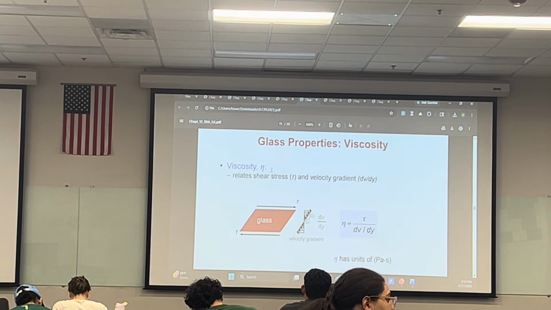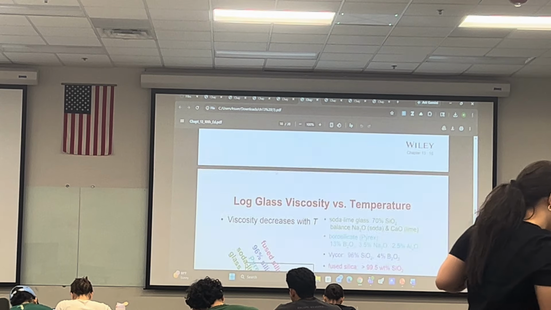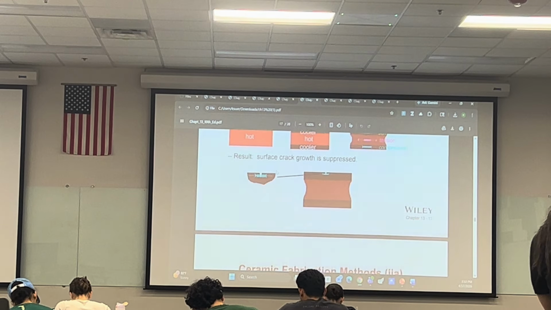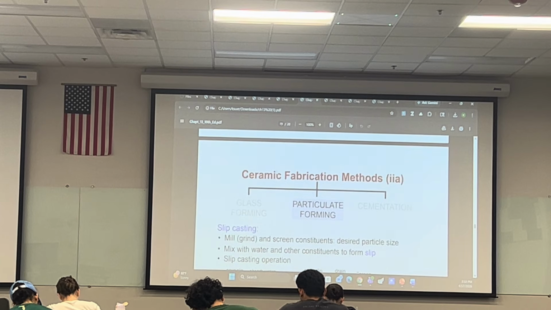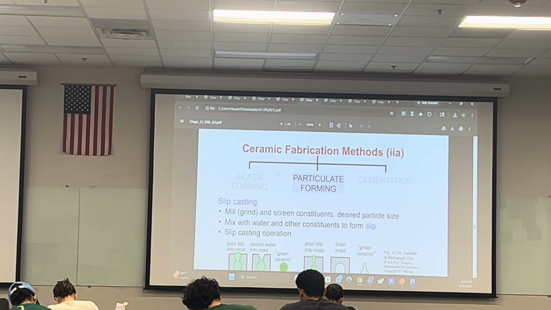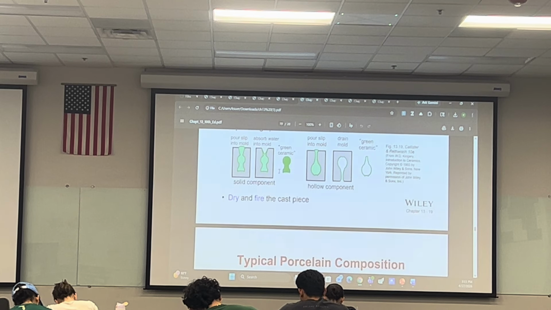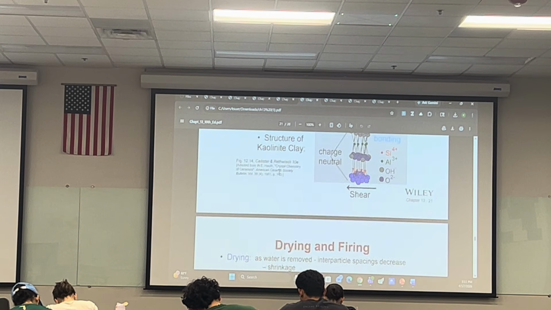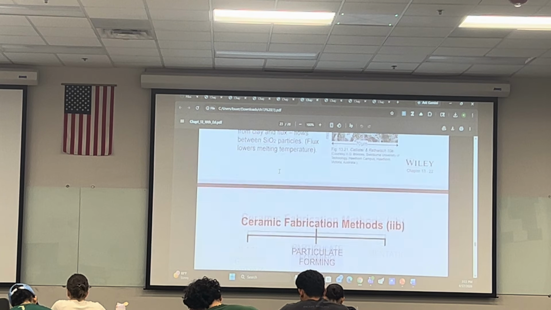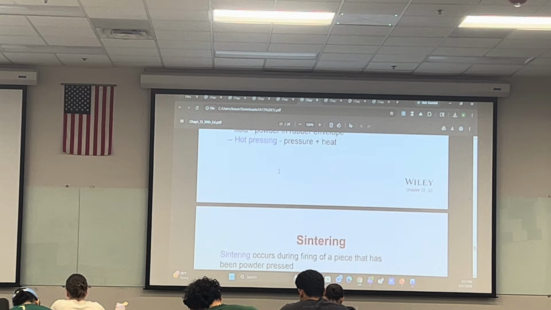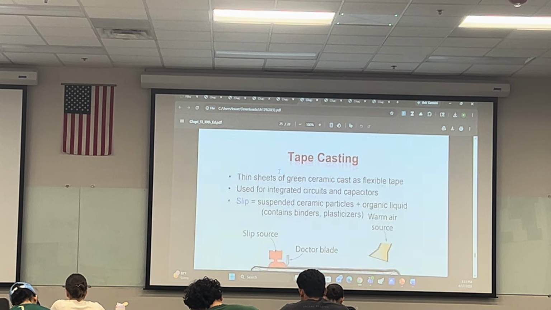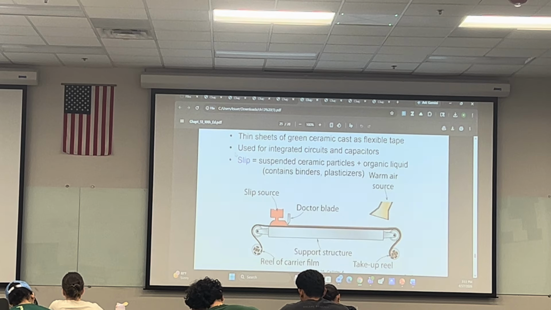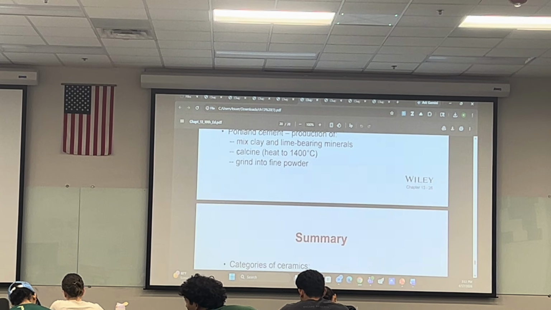We talked about viscosity, and the rest was introducing different fabrication methods and different properties of ceramics.